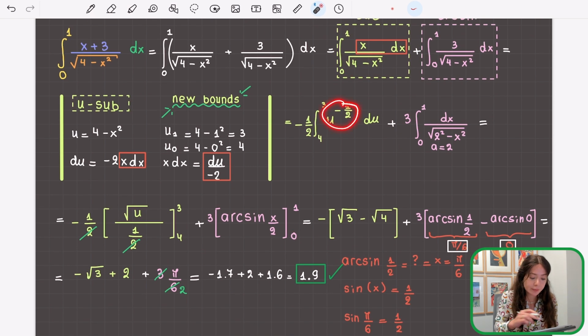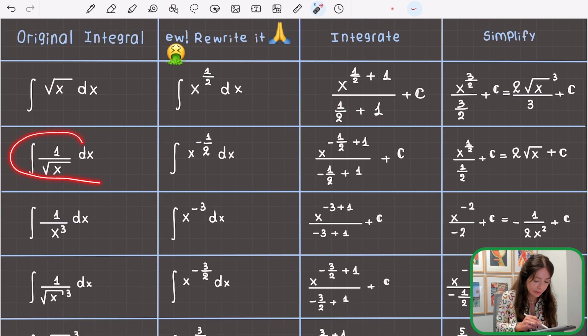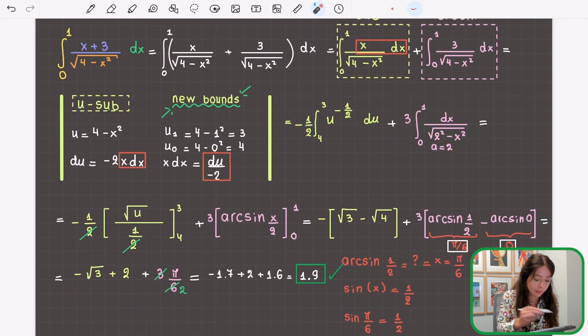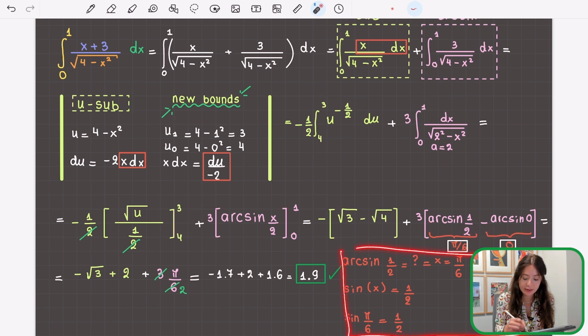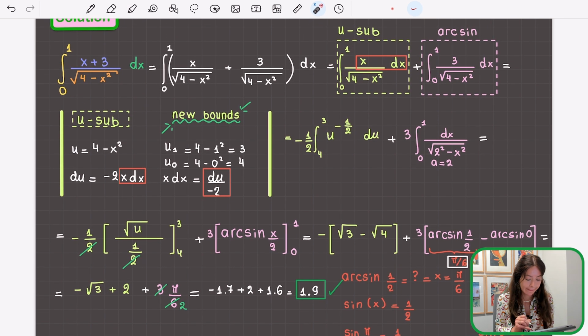Then we used this little table to analyze that one. So we took that integral here, and then we did a little arcsine analysis here. This was probably a little difficult part of this problem.